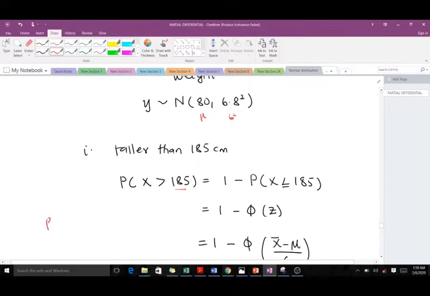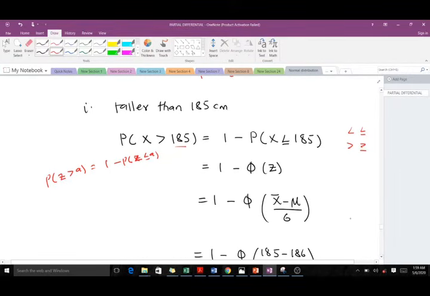Remember we said the probability that Z is greater than a is the same as 1 minus the probability that Z is less than a. So this is the same as this. And since it is continuous, less than is the same as less than or equal to. Greater than is the same as greater than or equal to. So we have 185 here.